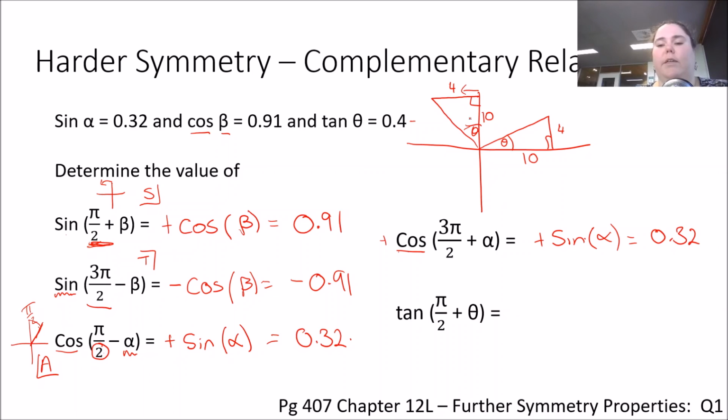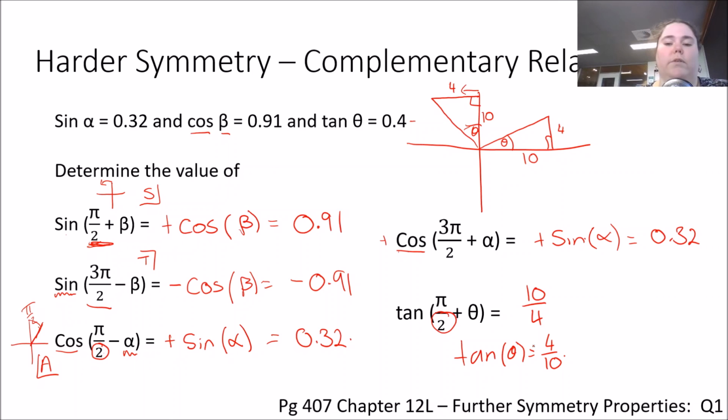So if I'm finding tan at that point with that angle, I need to flip it. And that's basically all I have to do. If I know tan of theta equals 4 on 10, as soon as I have this on 2 bit, I know I'm going to flip it. So it's going to be 10 on 4.